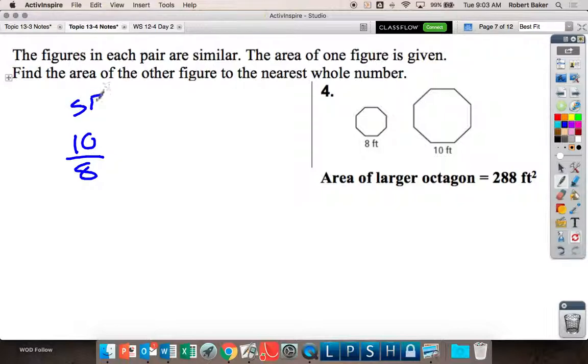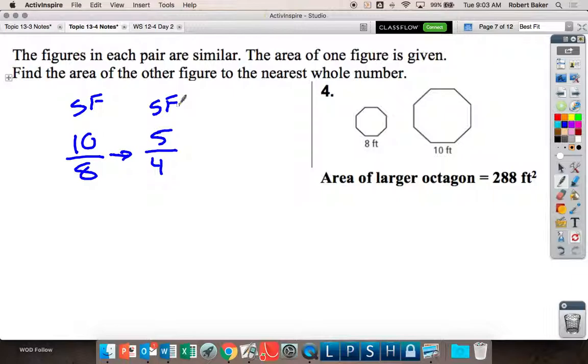That's our scale factor. Because you don't want to do it, I'm going to do it. I'm going to reduce this down to 5 over 4. And your calculator will do that. So our real scale factor is 5 over 4. Just simplifying the fraction. You can type that in your calculator, 10 over 8, and it'll spit out 5 over 4.